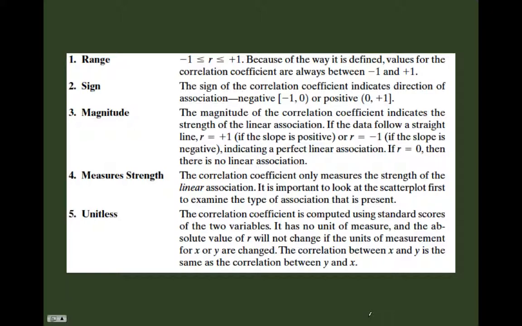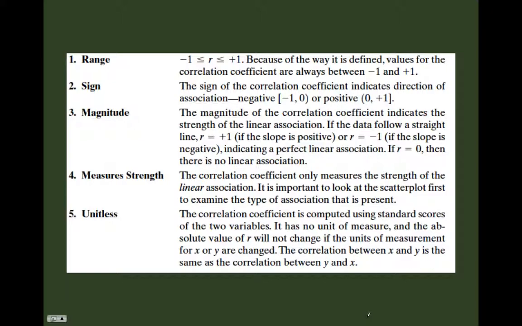The magnitude of the correlation coefficient, or its absolute value, indicates the strength of the linear association. If the data follow a straight line, R is 1 or -1. That means if we have an R value that's exactly 1 or exactly -1, that's a perfect linear association.